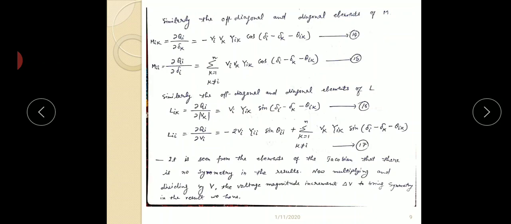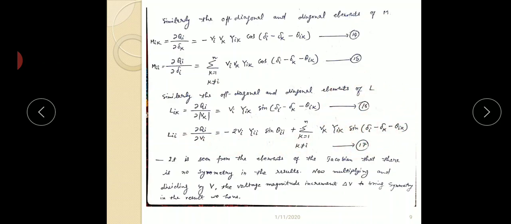Similarly, the off diagonal and diagonal elements of M are written as Mik, del Qi over del delta k, equation number 14, and Mii, del Qi over del delta i, equation number 15. Similarly, the off diagonal and diagonal elements of L, equations number 16 and 17.